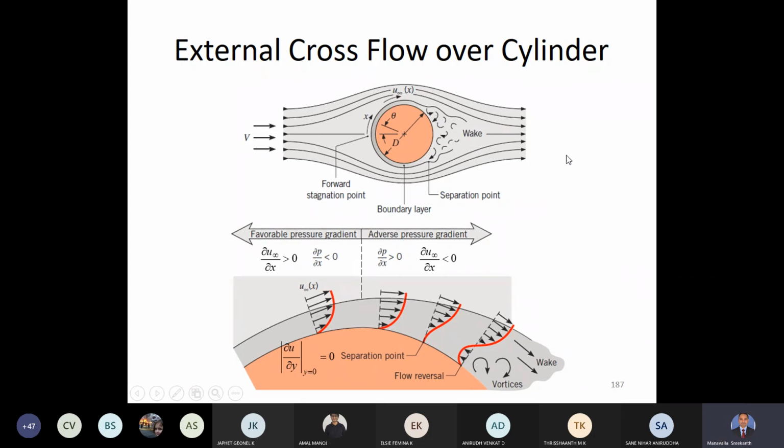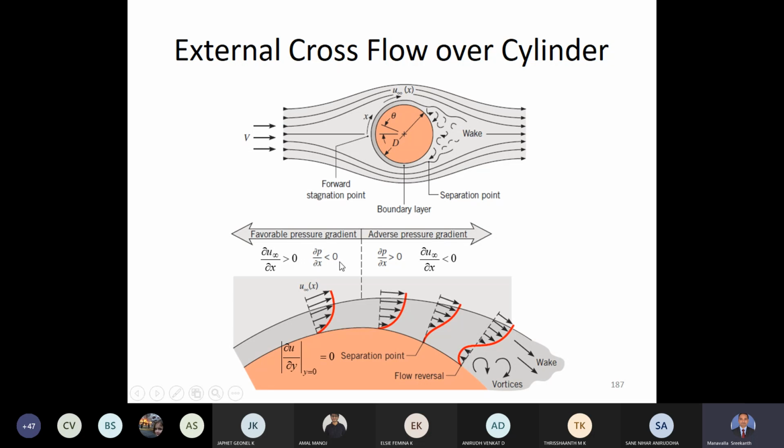On a cylindrical surface or on a spherical surface, you will see that this flow regime is divided into one region, which is called the favorable pressure gradient region, and the backside region is called the adverse pressure gradient region. In the favorable pressure gradient region, the pressure gradient is less than 0.